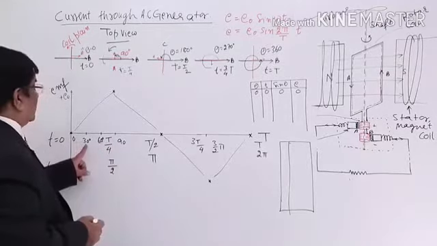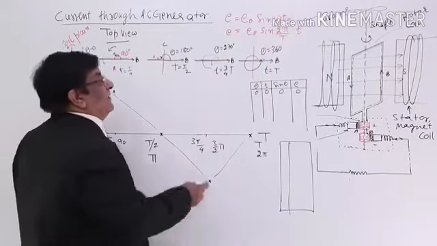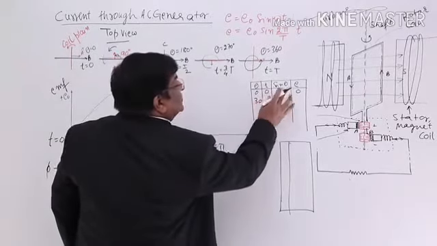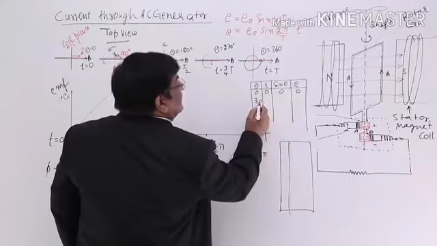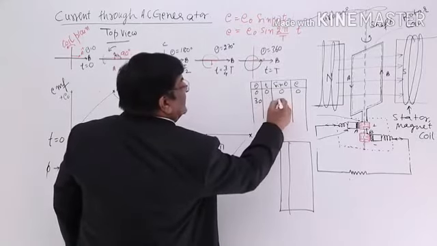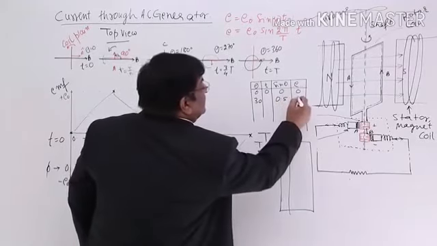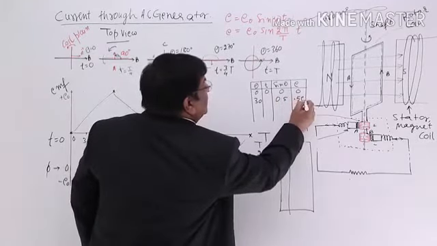But what happens to E at 30 degree? Answer: when it is 30 degree, sine 30 is 0.5 and E is 0.5 of E naught.